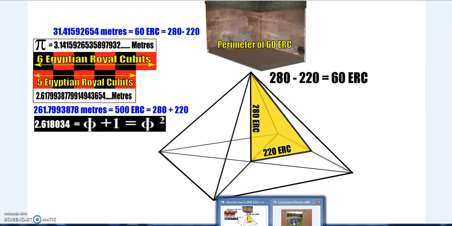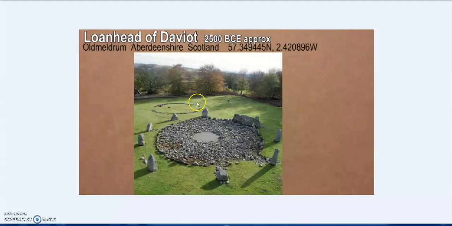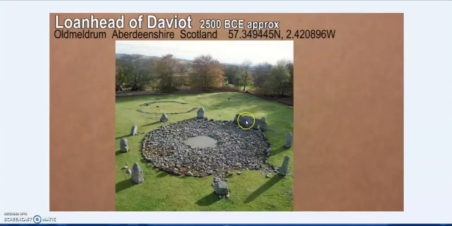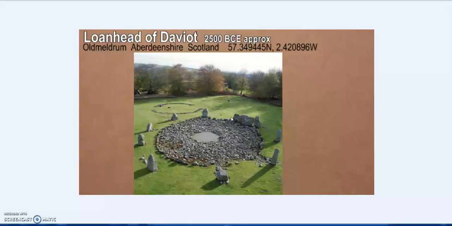And I'm going to cover this more, but just as a preview, for instance, this is the Loanhead of Daviot, one of these recumbent stones, unique to Scotland, where you have this altar. John Hill did some fantastic work about the standard units of measure that define these places. So, for instance, the altar is a standard of 20 and a half modern English feet, which converts to a beautiful set of numbers.